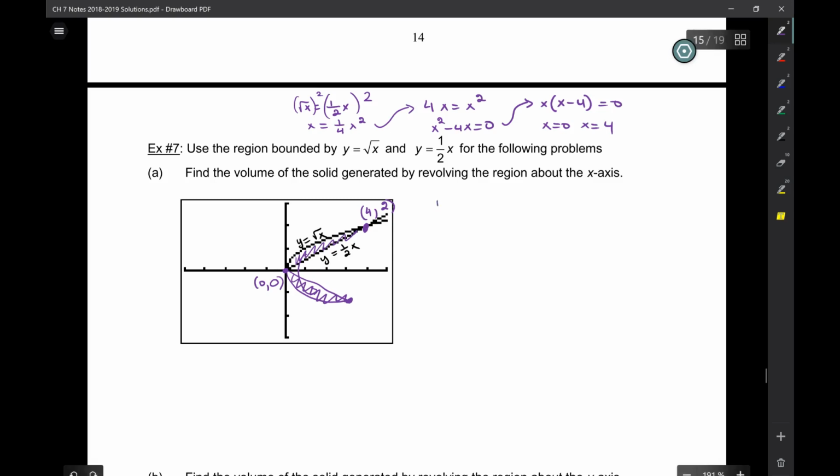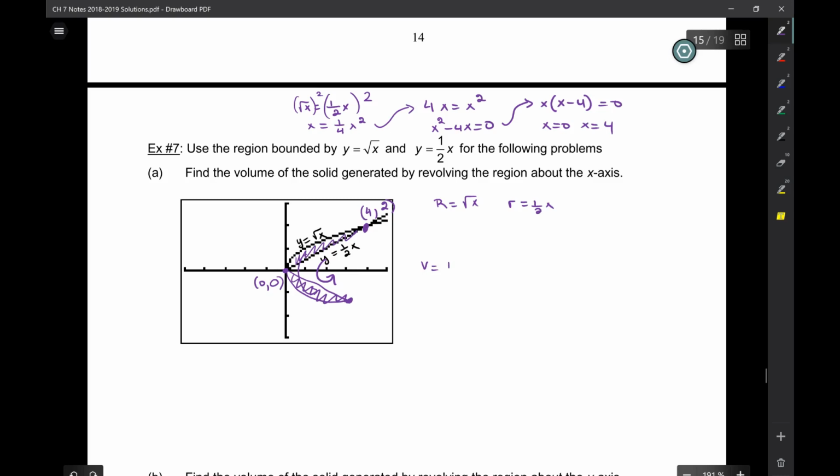Okay, so now, how much is big R? Again, I'm revolving this around the x-axis. So you go, okay, x-axis to graph, right? X-axis to farthest graph is how much? Root x. X-axis to closer one is 1/2 x.